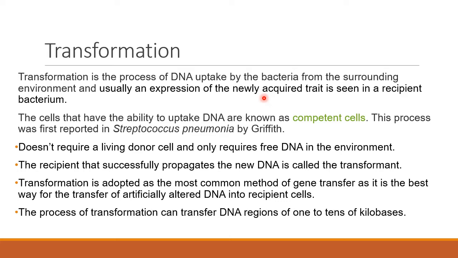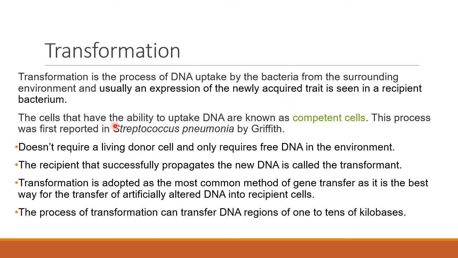So what happens is, if free DNA is present in the environment, then a bacterial cell can take it up, and when the DNA gets expressed, the bacteria can acquire a new trait. Generally the best example for this is antibiotic resistance. You can test it in your lab also by performing a bacterial transformation experiment.